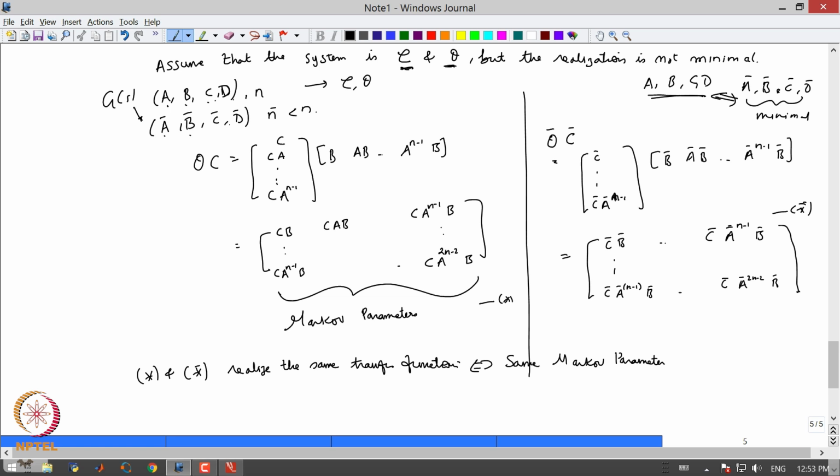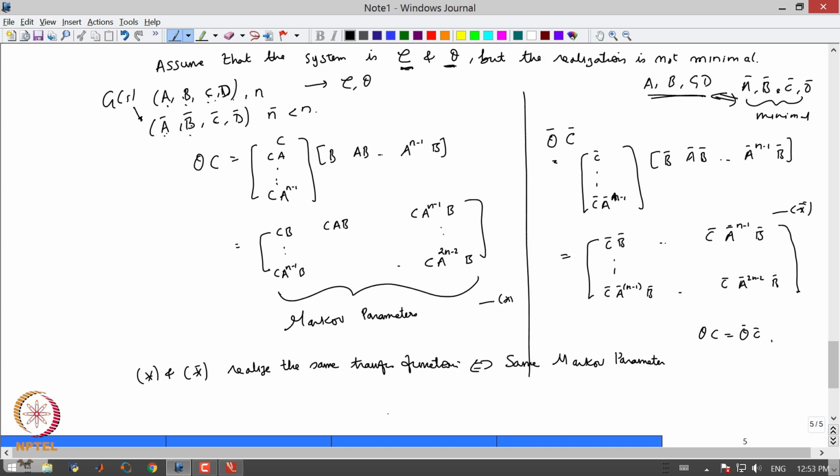These two realizations come from the same transfer function if and only if they are equivalent. That is the result we stated earlier. When they have the same Markov parameters, we have OC equals O bar C bar.